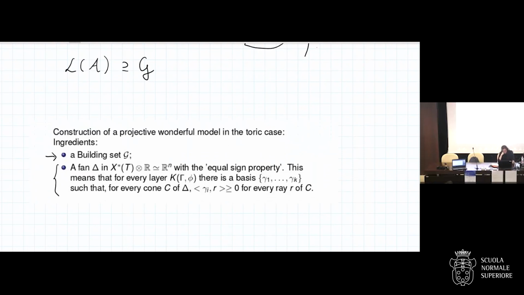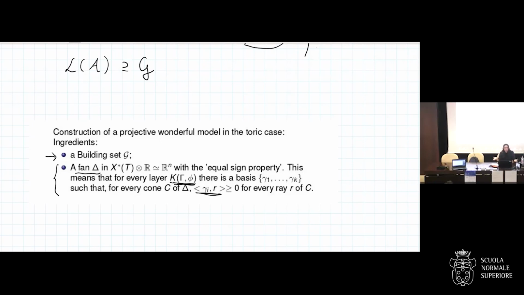This new thing is a fan, which has a nice property with respect to these layers appearing in G. Now, these nice properties are in terms of the way these layers are defined and the rays that appear in a certain fan.